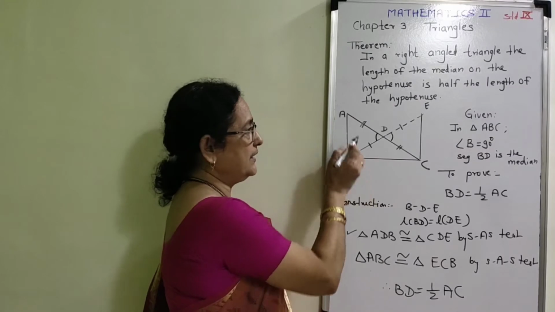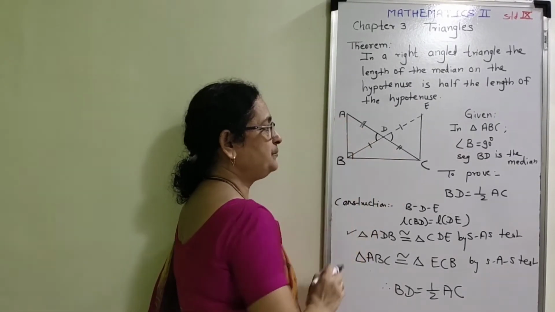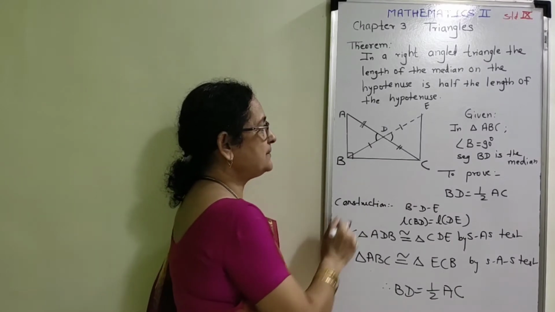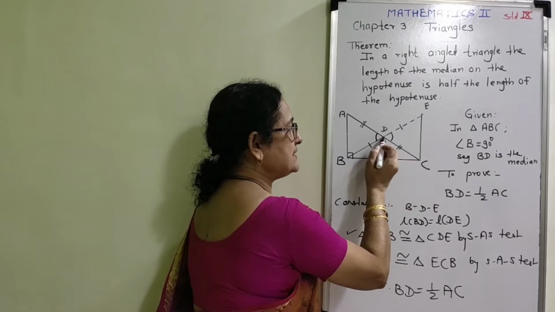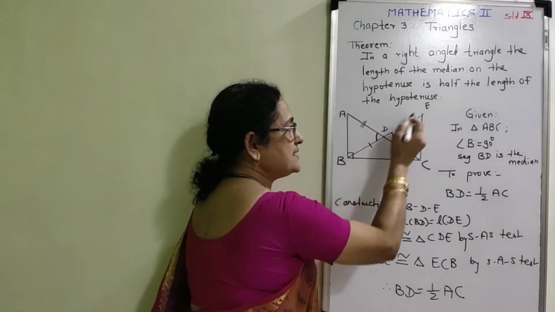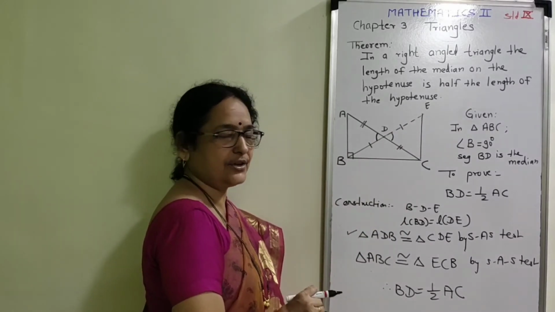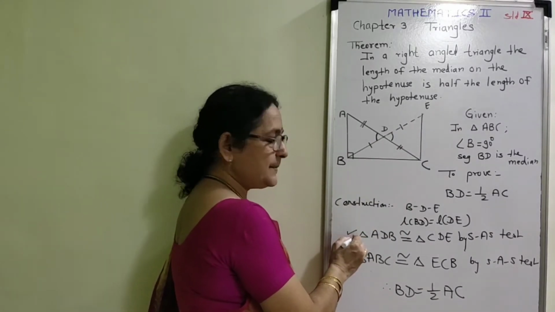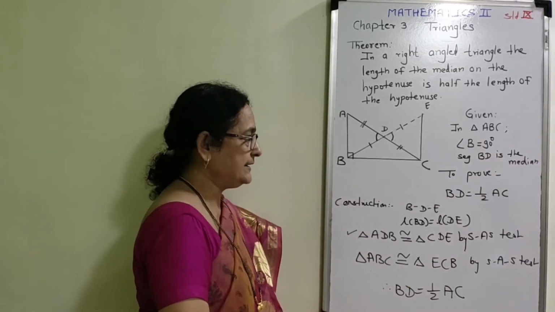I am going to repeat it again. First statement, AD is congruent to CD since D is the midpoint. Angle ADB is congruent to angle CDE, vertically opposite angles, and BD is congruent to ED by construction. Therefore the first pair of triangles is congruent to each other by the side angle side test.